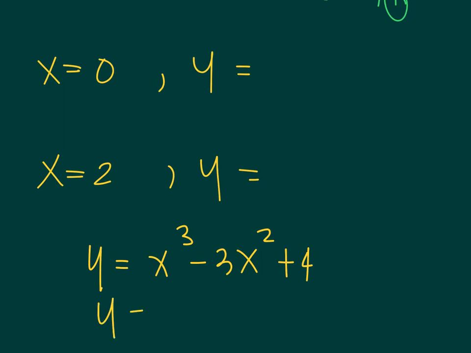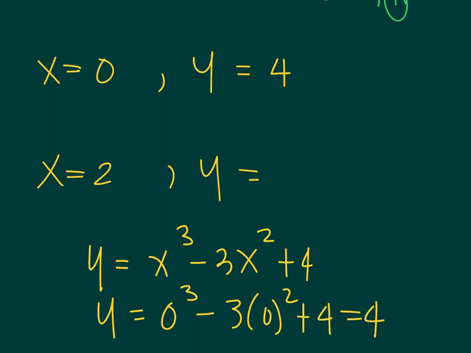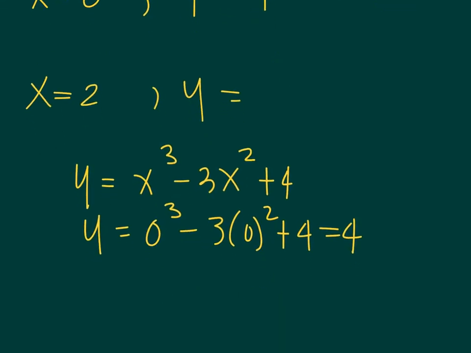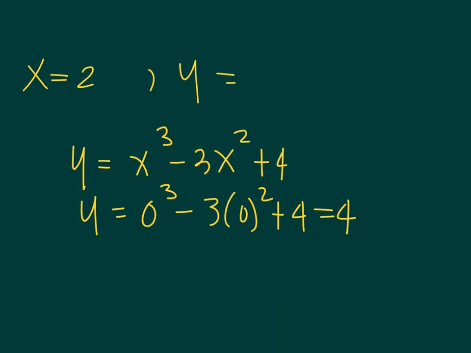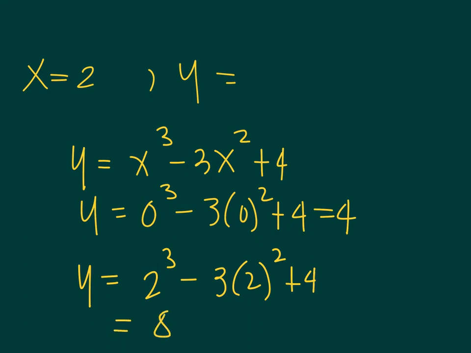So y at x equals 0: 0 cubed minus 3 times 0 squared plus 4 will be equal to 4. And this means y is equal to 4. But when x is equal to 2, y is equal to 2 cubed minus 3 times 2 squared plus 4. This is 8 minus 12 plus 4, this will be 0.